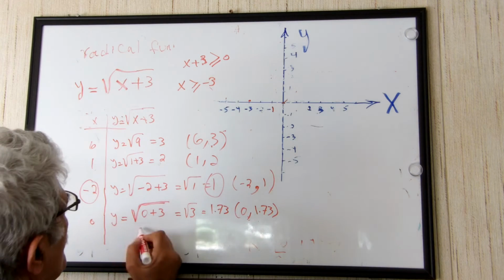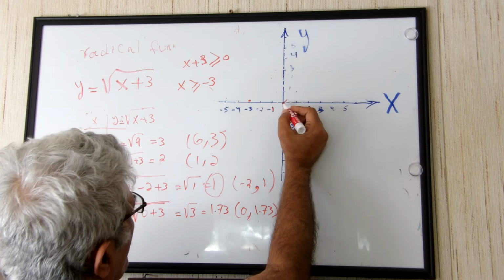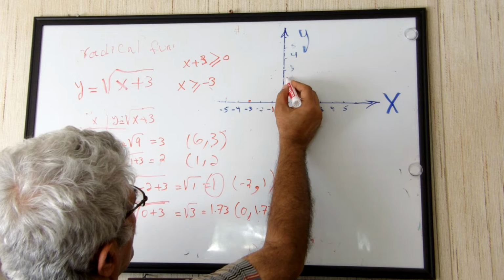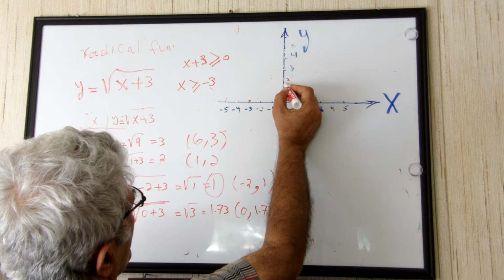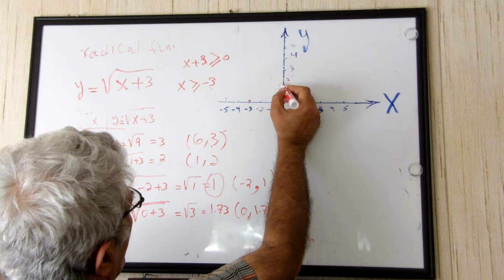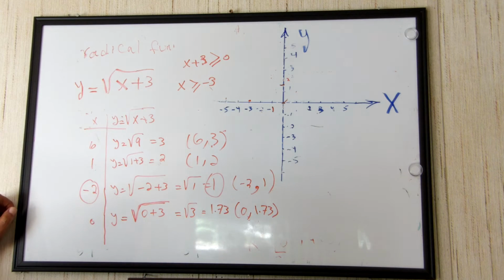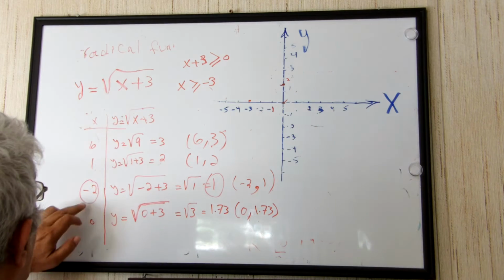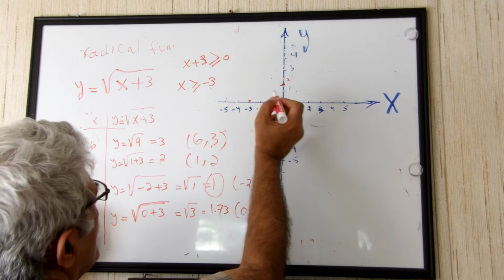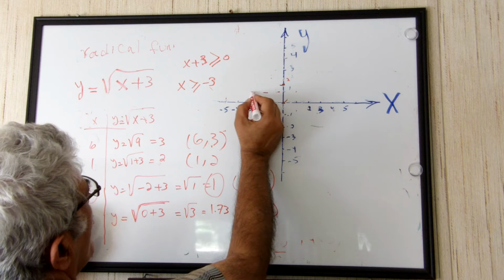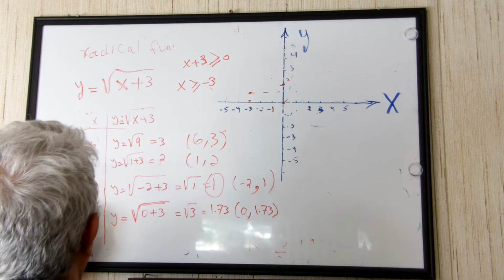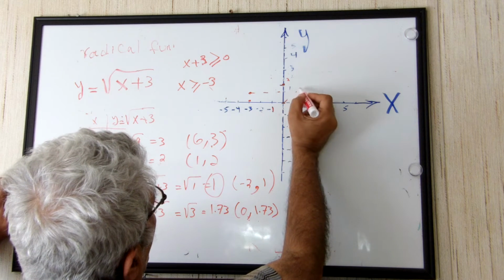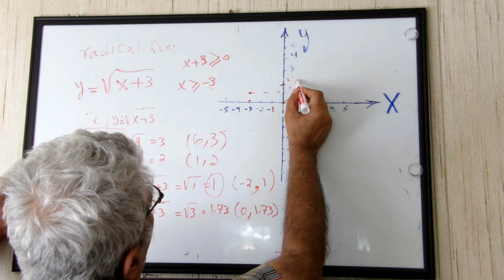If x is 0, y is going to be 1.73. This is 1 point, this is 2, and 1.73 is going to be something like here. So this point here is one of the points. Now we said minus 2. If it's minus 2, y is going to be 1. It's going to be 1 here. If x is 1, y is going to be 2.